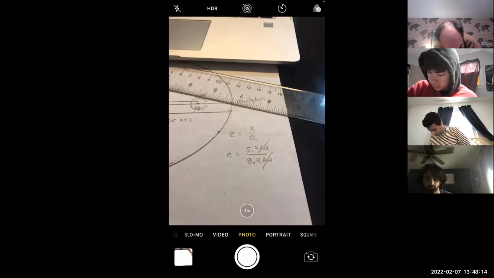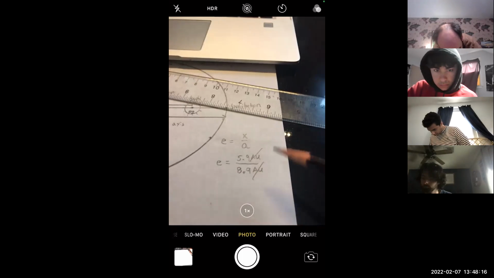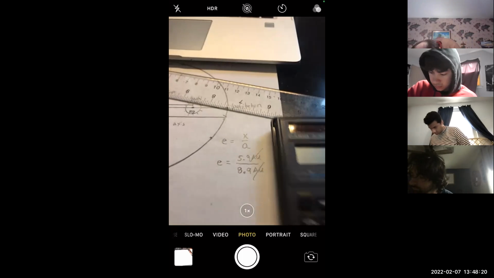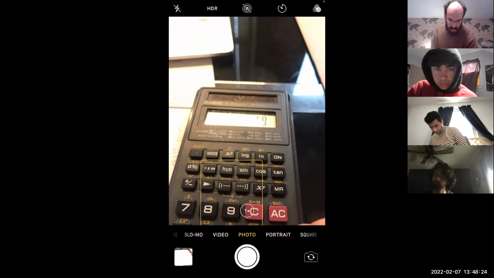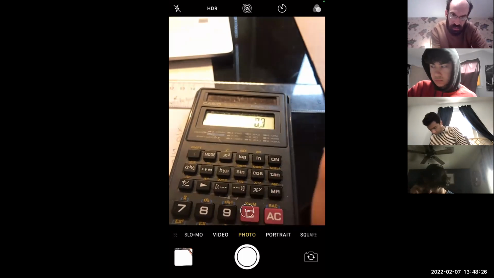AUs are going to cancel out. This is an important part of eccentricities. They're unitless. They have no units because they're just a percentage. So let's type in 5.9 divided by 8.9.